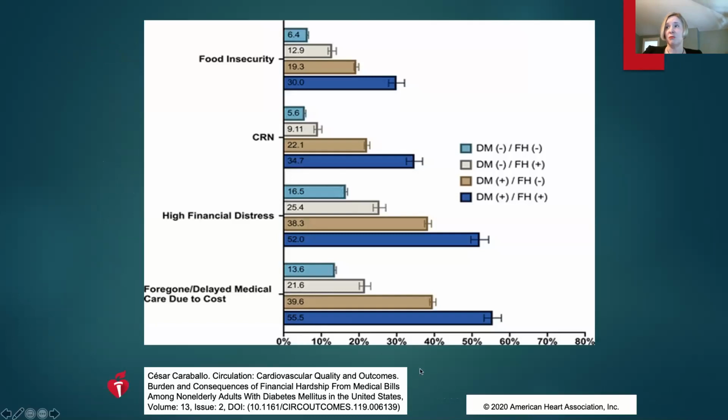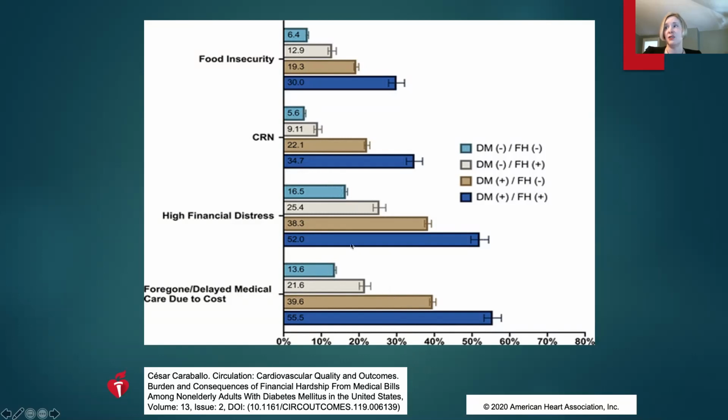But importantly, when we look specifically at individuals with diabetes in this study, they fared poorly compared to those with other comorbidities without diabetes on multiple metrics, even when those with diabetes didn't report financial hardship from medical bills.